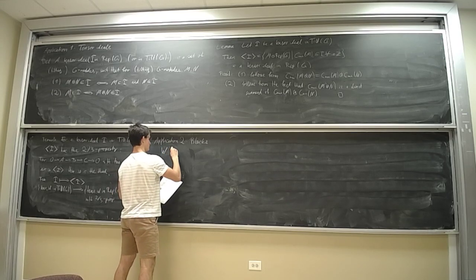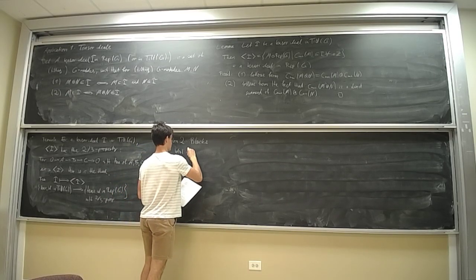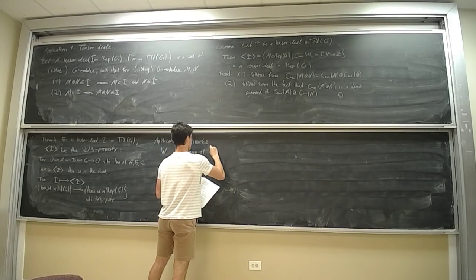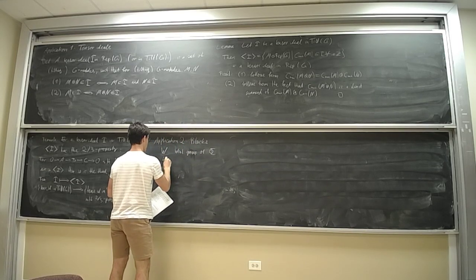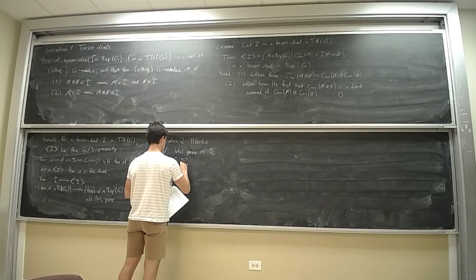We're going to write W for the Weyl group of phi, and we're going to write rho for 1/2 times the sum of all positive roots.